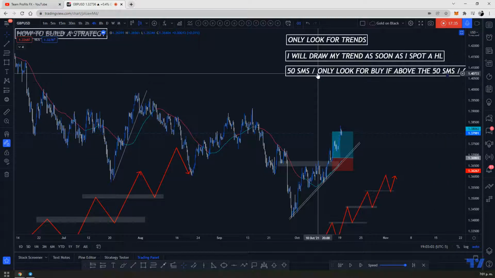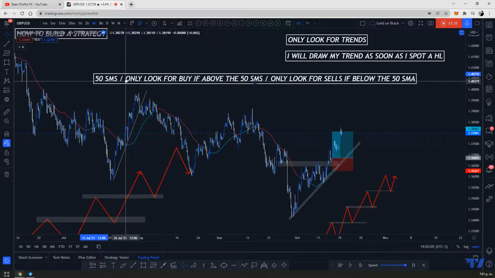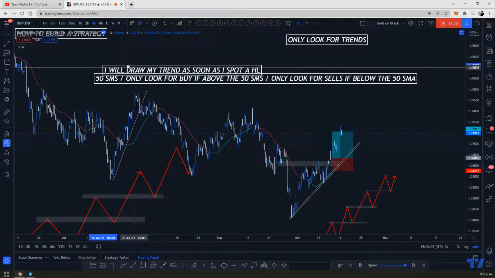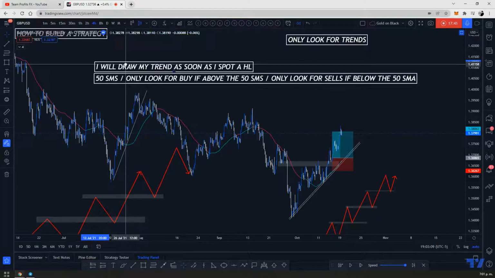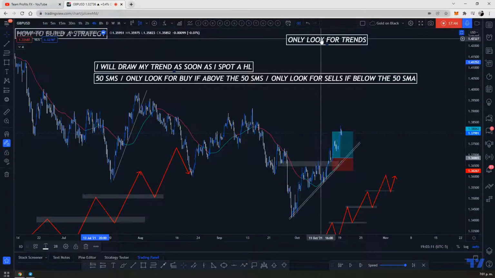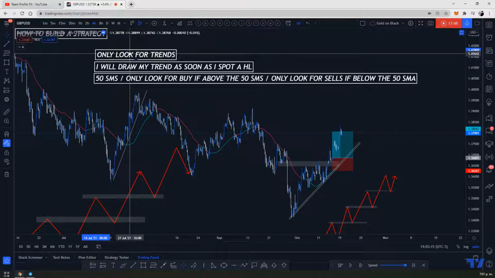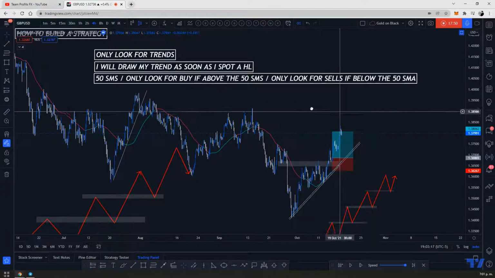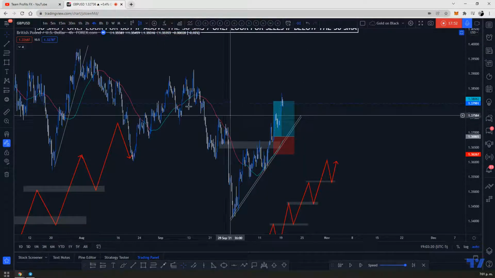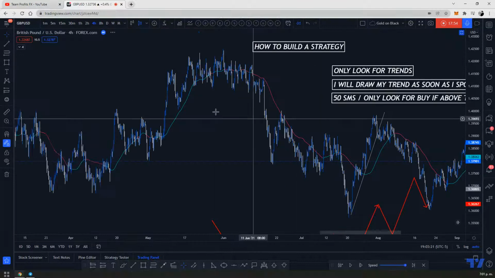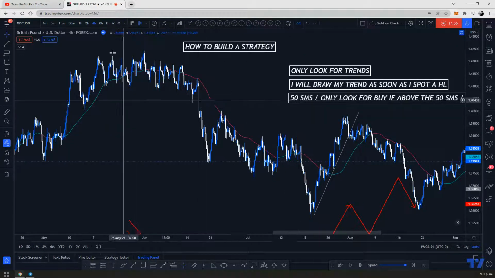This way, you're building your own strategy, okay? This strategy is based on trend lines. If you like consolidations, then go ahead and find some type of indicators that will tell you when the breakout is happening. For example, right here there was a big consolidation, right?